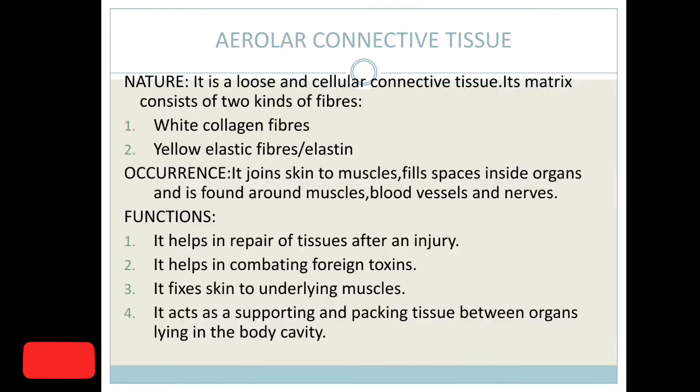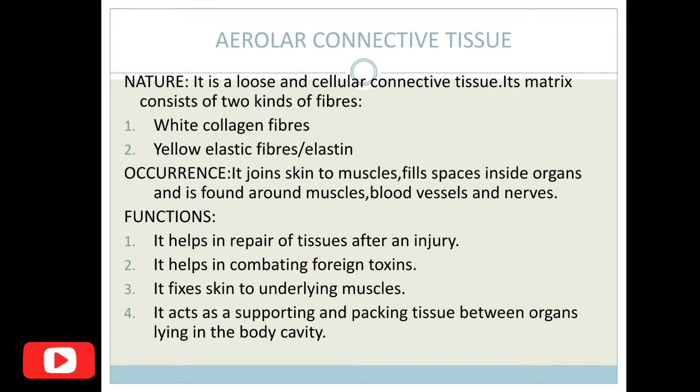Now let us discuss all these types of connective tissue one by one. So the first is the areolar connective tissue. This areolar connective tissue is loose and cellular, and it consists of two kinds of fibers. One is the white collagen fiber and the other is the yellow elastic fibers, which are also known as elastin.